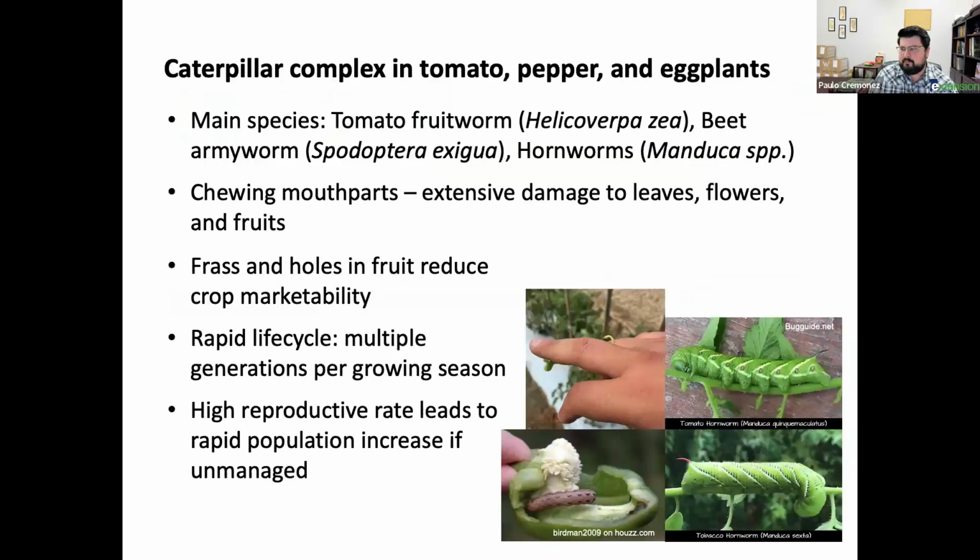All right, so let's jump into it and talk about the caterpillar complex in solanaceous crops. So there are major species: fruit worms, armyworms, hornworms. Some of the examples I give here start with the tomato fruitworm, the beet armyworm, and the tomato and tobacco hornworms. And this is just an example of identification.